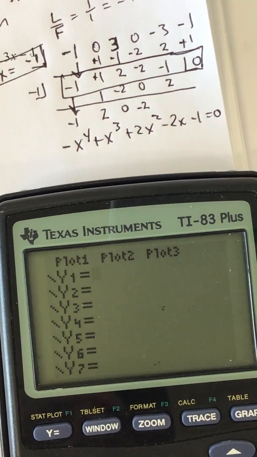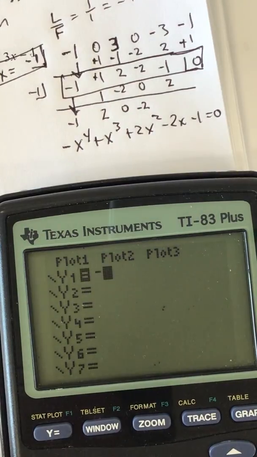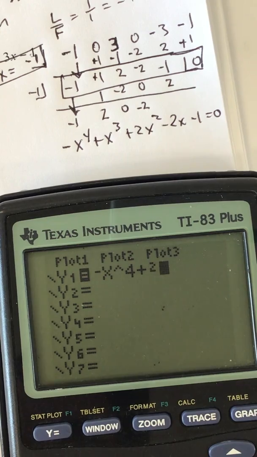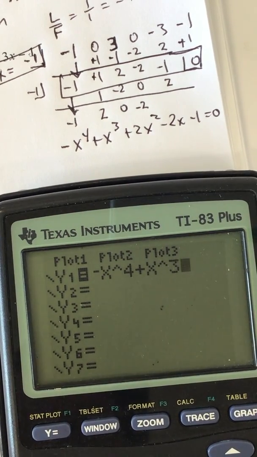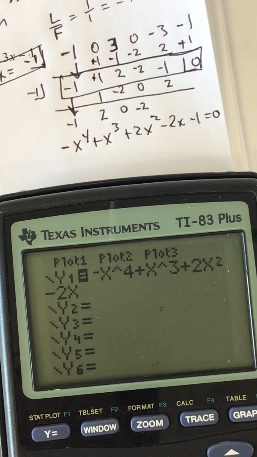Okay, so go to the y equals, and let's put this in. Let's put that whole thing in there and see what it looks like. Negative x to the 4th plus x to the 3rd plus 2x squared minus 2x minus 1.